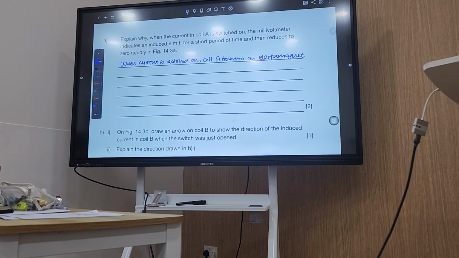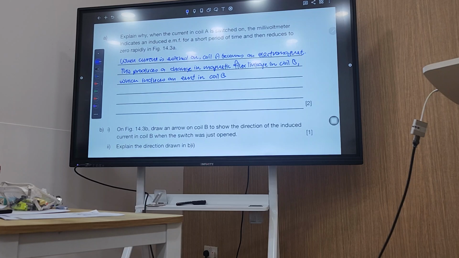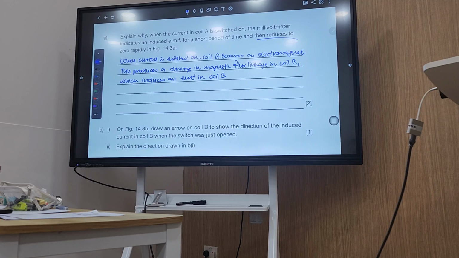After it becomes an electromagnet, this produces a change in magnetic flux linkage in coil B, which induces an EMF in coil B. Full stop. This gives you your first mark. Very stingy question. Your second mark comes from saying why it reduces to 0 rapidly.